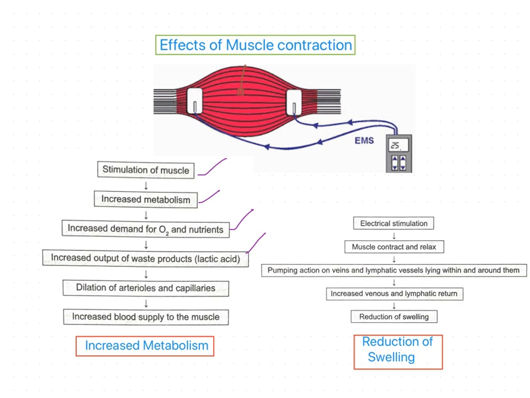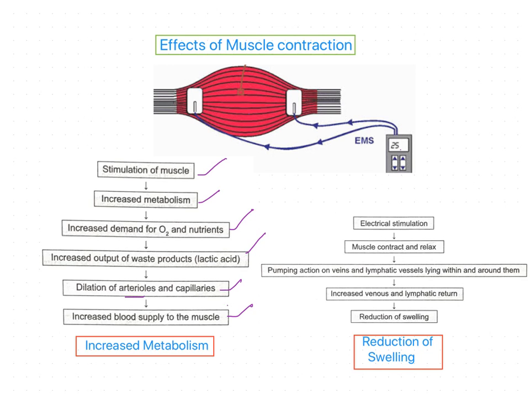These metabolites, or the waste products, cause dilatation of the capillaries and arterioles, and there is a considerable increase. If the arterioles and capillaries are dilated, what happens? The blood flow inside these arterioles and capillaries is going to increase, which leads to increased blood supply to the muscle.